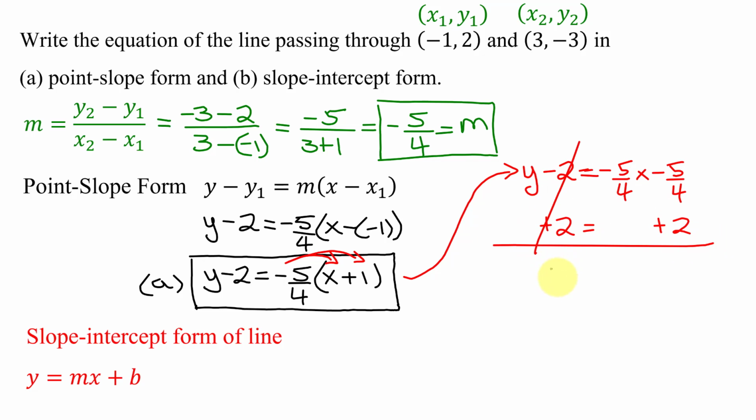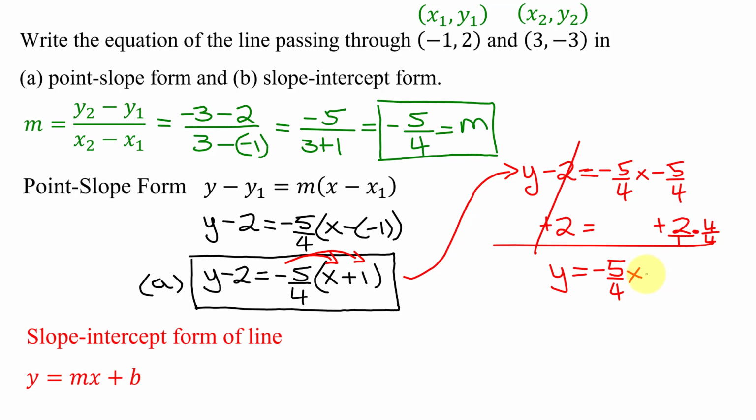So I get y equals -5/4 x. And now I need to combine these, so I'm going to have a common denominator. Turn 2 into a fraction by dividing it by 1. And then the common denominator is going to be 4, so multiply it by 4 over 4.